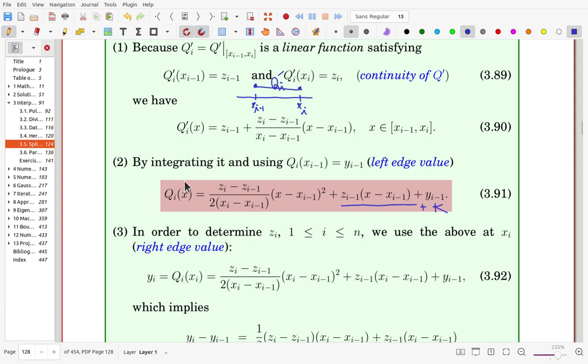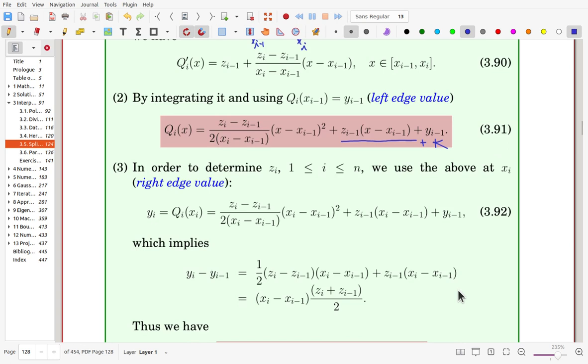For the equation qi, we use the right edge value of qi, then the height must be yi, and now we reach that one.